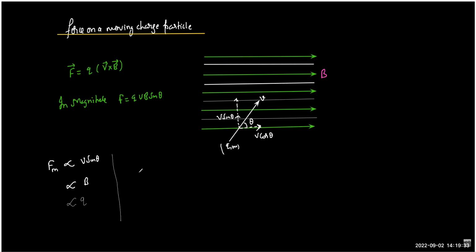Combining these three together, the force is proportional to QV sin theta, and therefore we can attach some constant into QVB sin theta. In SI we take k equals 1, which implies the magnetic force is QVB sin theta.